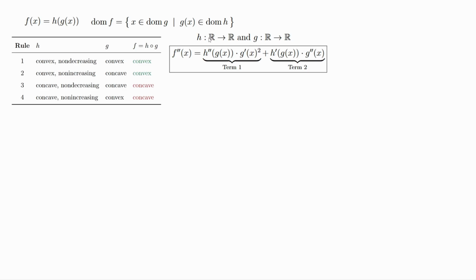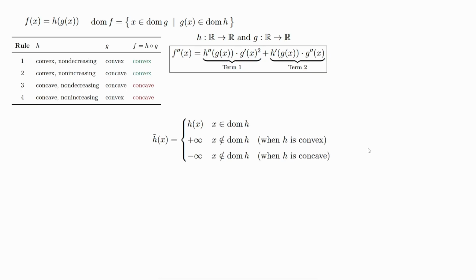The general result requires that the extended value extension of h is monotone, not just h itself on its own domain. So here's the extended value extension of h. When x is in the domain of h, we just have the normal function h applied, but depending on whether h is convex or concave, we apply infinity (or negative infinity) when x is not in the domain of h.